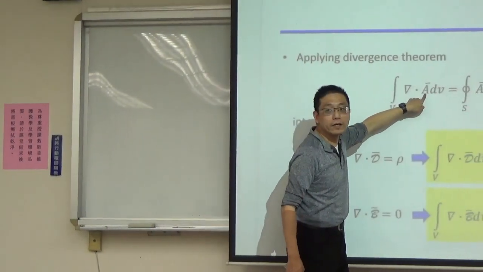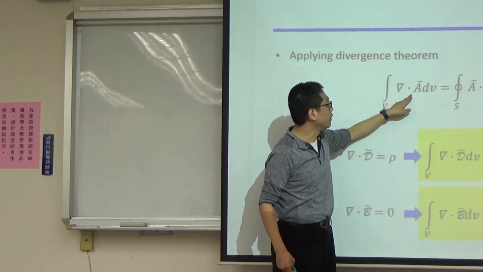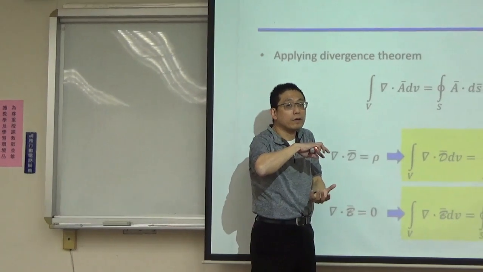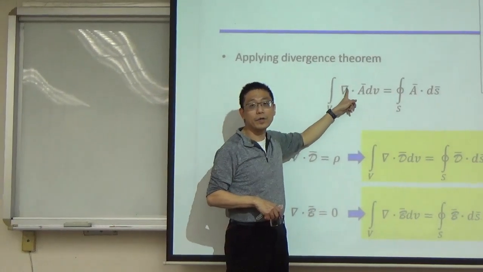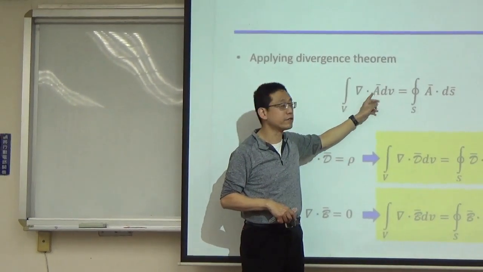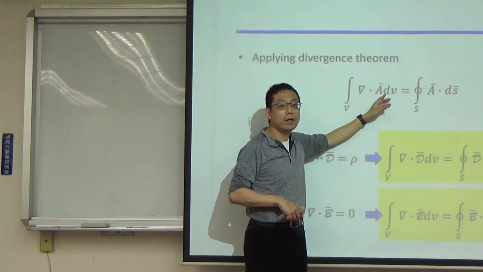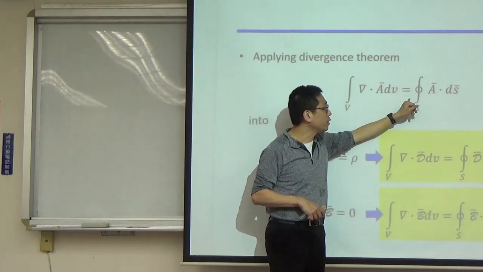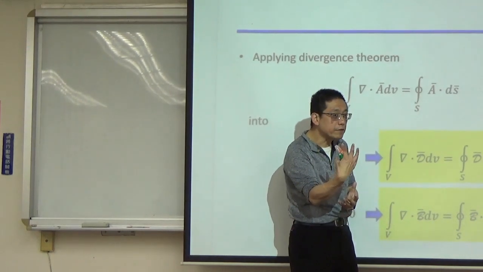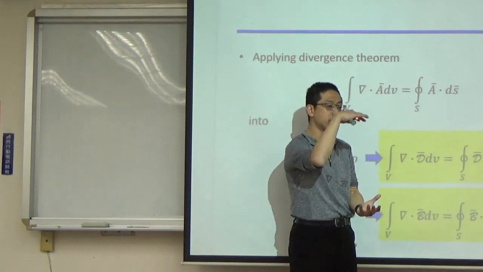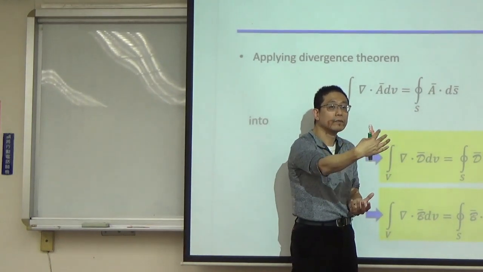If I have a vector here and I take a divergence, and then take the volume integration of this result, this is a scalar because you already took the divergence of the vector. The result will equal the same vector, taking only the surface integration of this vector.